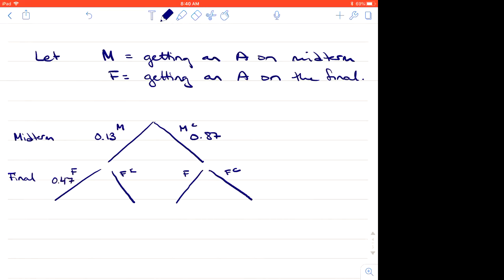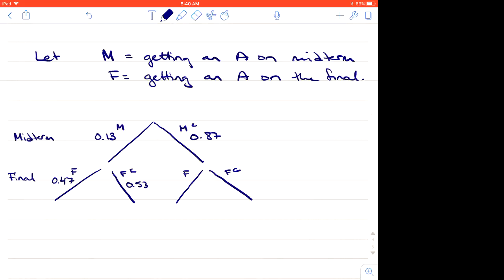And each set of branches has to add to 1, so we have 1 minus 0.47, 0.53. So 53% of those who got an A on the midterm didn't get an A on the final.